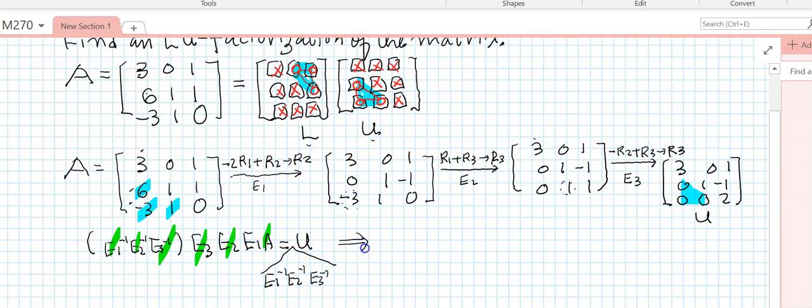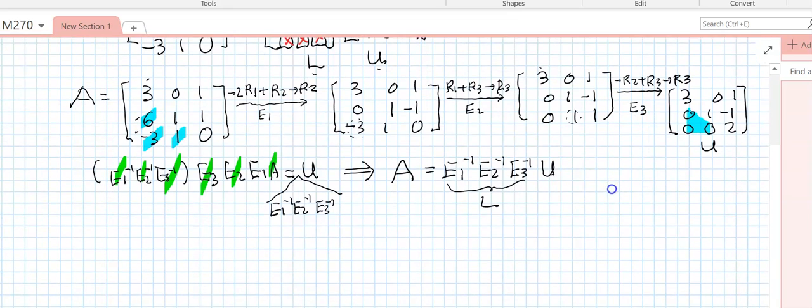So you have A equal to E1 inverse, E2 inverse, E3 inverse times U, and this product is L.